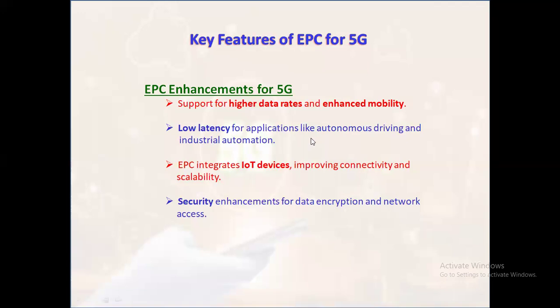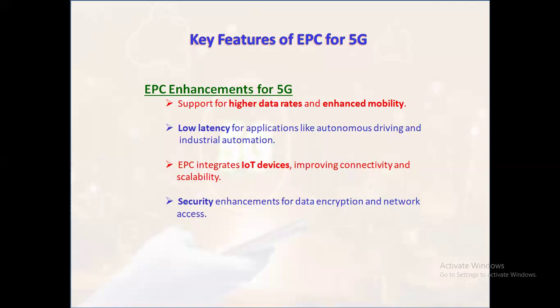And the next enhancement is that the EPC integrates IoT devices, improving connectivity and scalability. How has it been done? The EPC has also been upgraded to support the vast number of IoT, Internet of Things, devices that 5G networks are expected to connect.